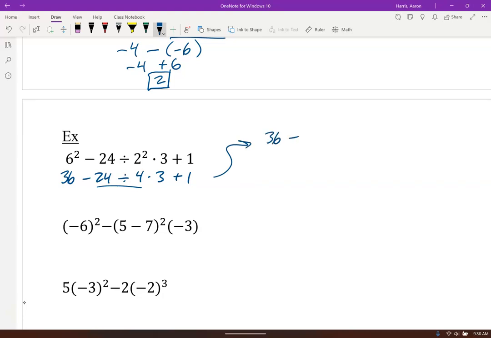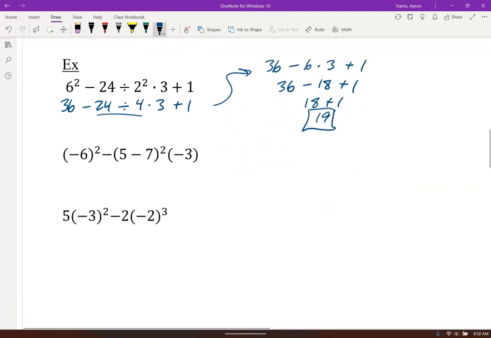So I have negative 24 divided by 4 is a negative 6, times 3, plus 1. These can be kind of tricky sometimes. Now I'm going to do the multiplication, negative 6 times 3. And now I got 36 minus 18 is 18, plus 1 is 19.